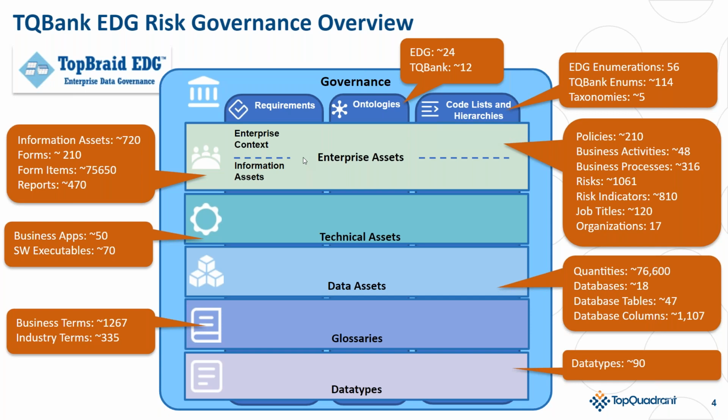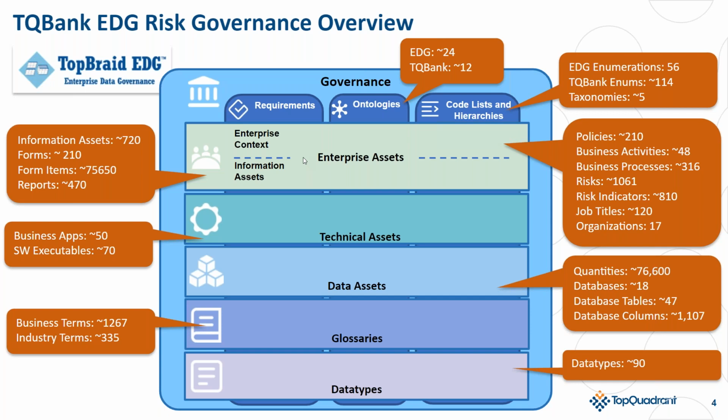So when we start looking at the governance of risk overall, there are a number of different types of assets at the enterprise level. When we look at the technical assets, there are about 50 different business applications that house information related to risk. There's a bunch of executables that we will run that actually calculate risks.